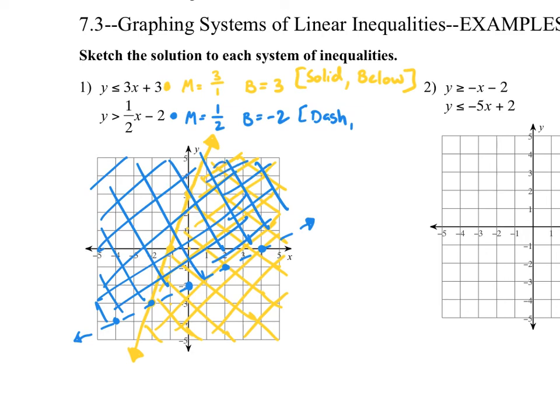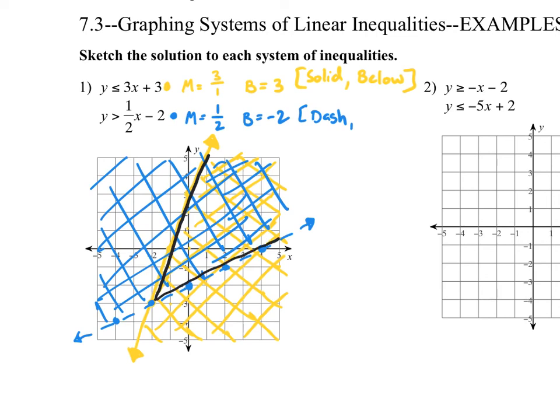Now, here is what I highly recommend. After you have shaded both lines, you need to go and find a darker color, okay? Or you could use your pencil and just color it in really hard. But you want to find where they overlap. So I'm going to outline it right now in this black. This is everything that overlaps.